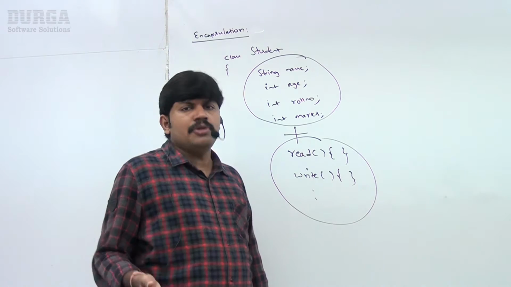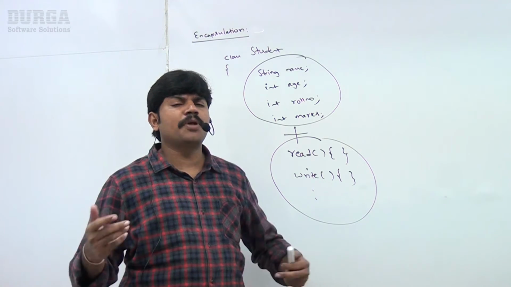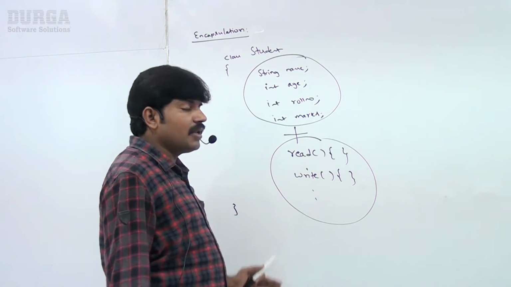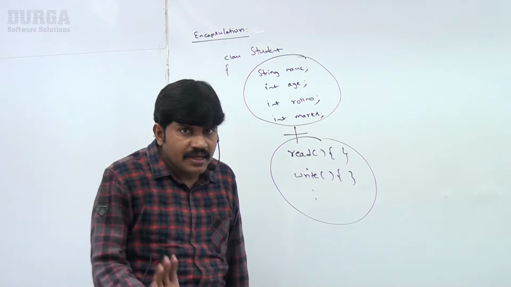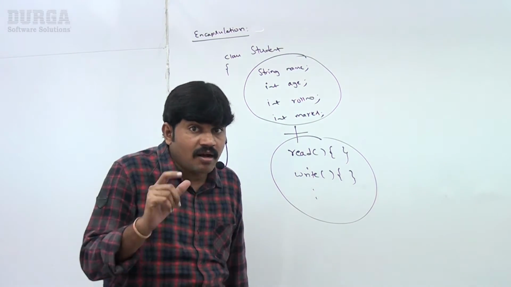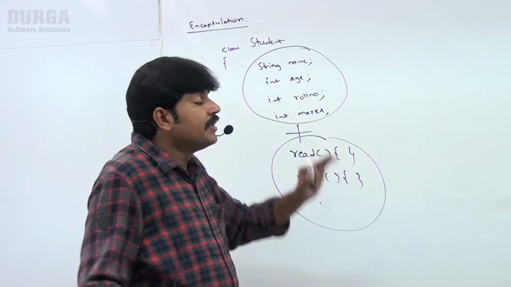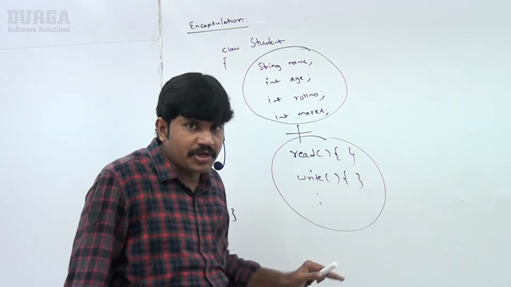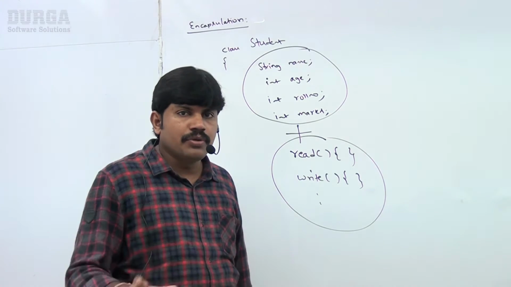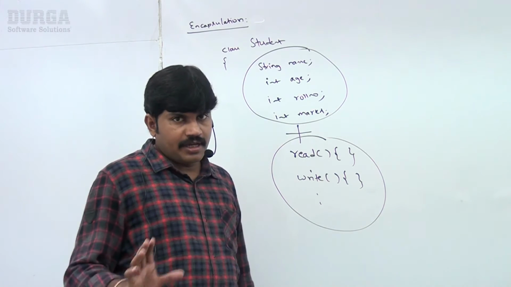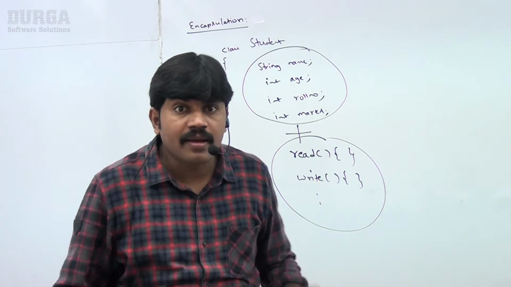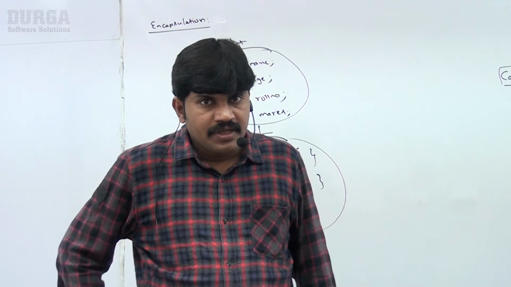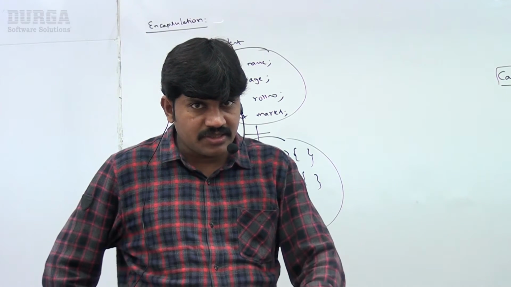From our childhood onwards, if you open any book, it tells the meaning of encapsulation. That's all. The process of grouping data members and the corresponding methods into a single unit is the concept of encapsulation. Every Java class is an example of encapsulation. Any doubt? Are you able to understand?